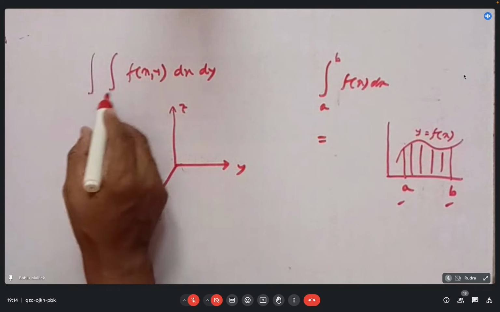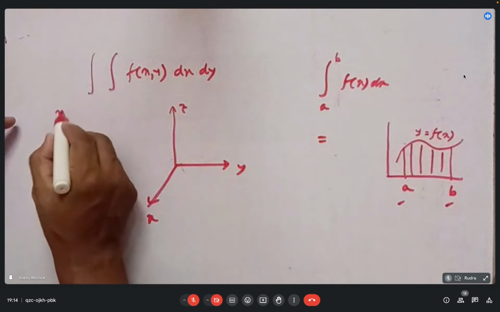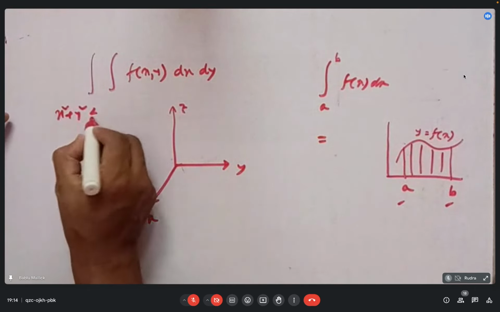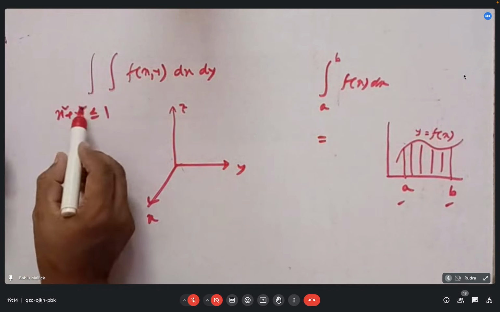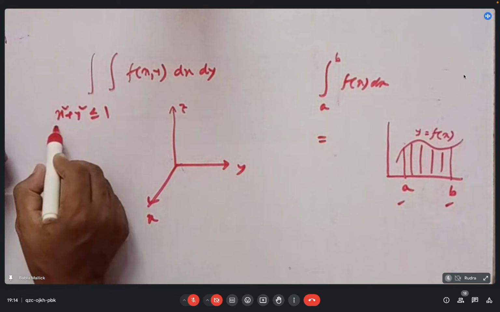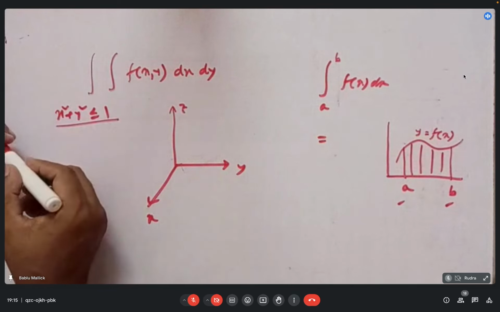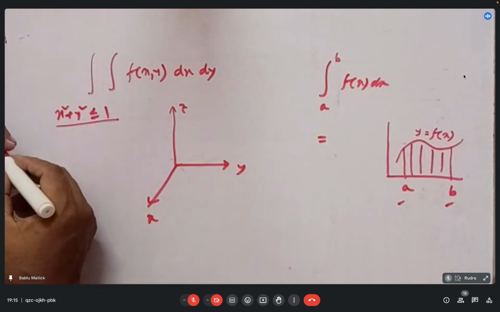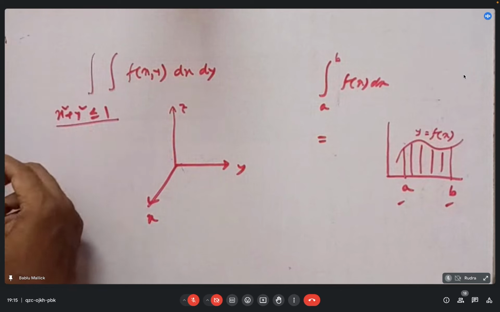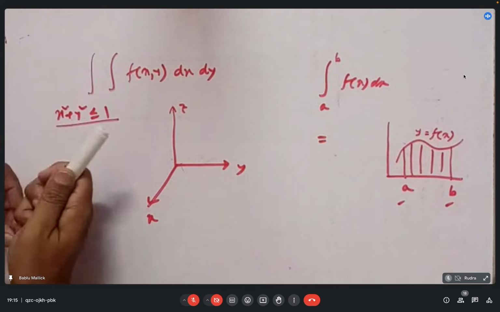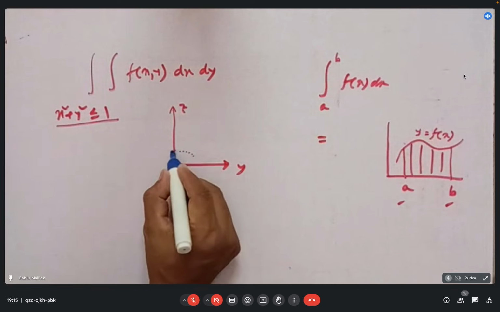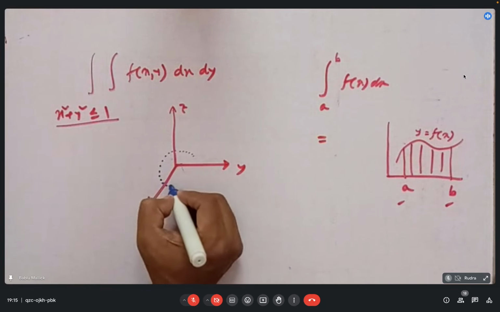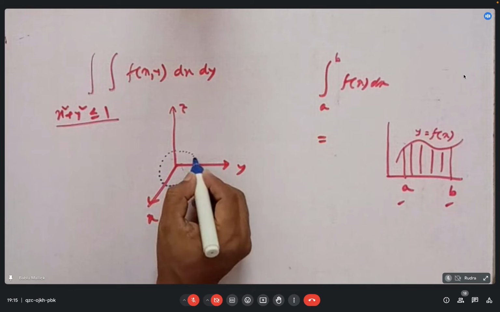Over the area, just look at the previous sum, the area bounded by x square plus y square less than or equal to 1. Just like the previous sum, that was the region x square plus y square less than or equal to 1. So clearly it is a circle of radius 1.